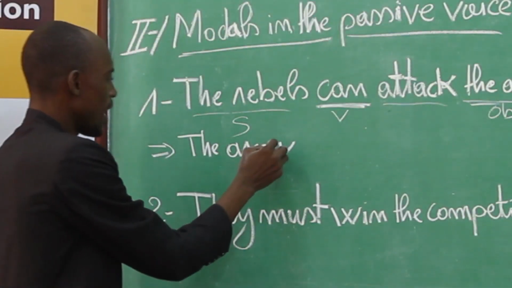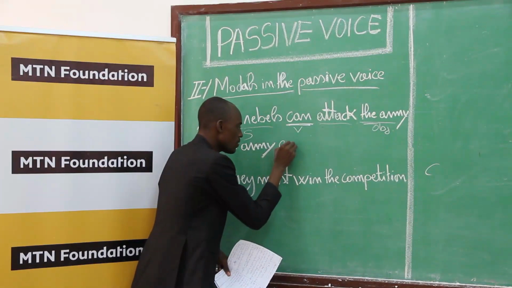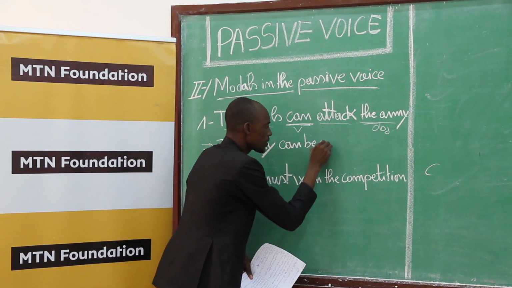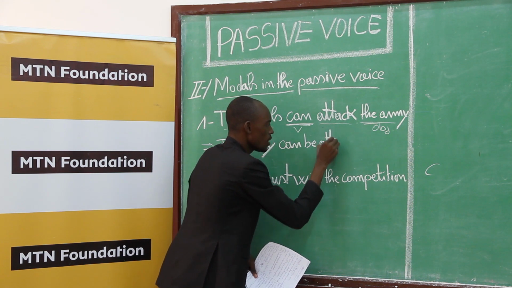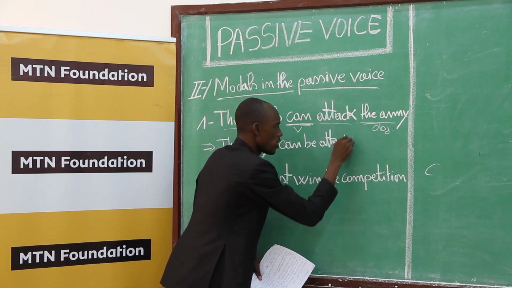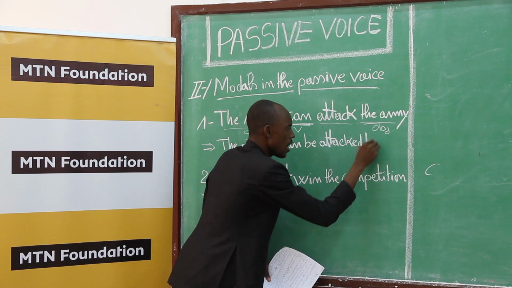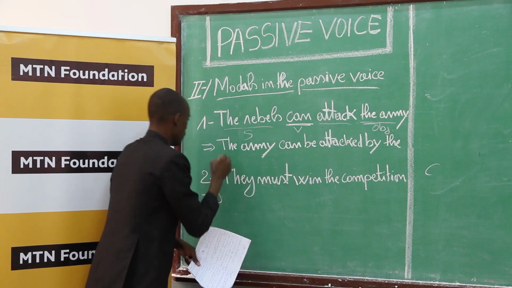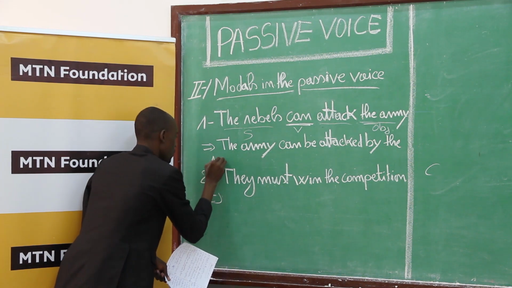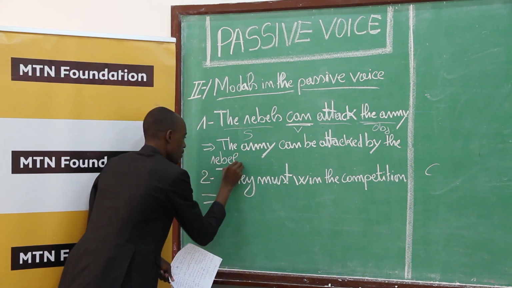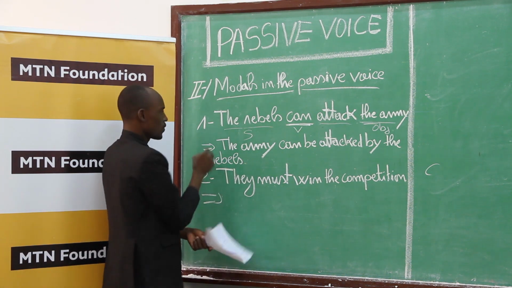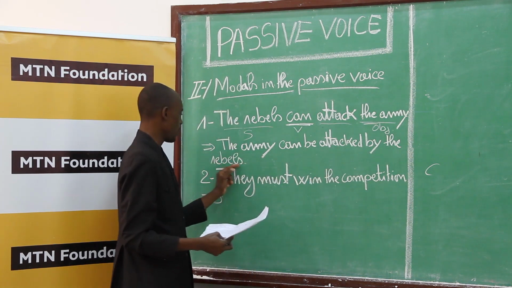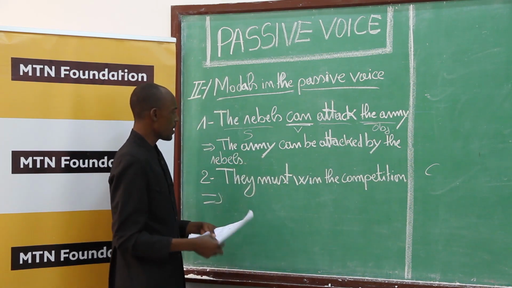After the subject, the army can be attacked by the rebels. Good. The army can be attacked by the rebels. This sentence is in passive voice.